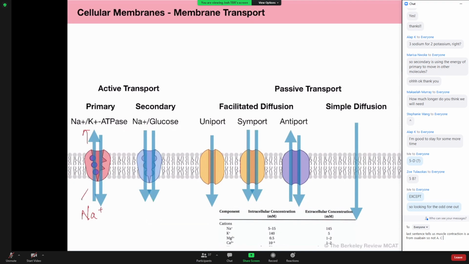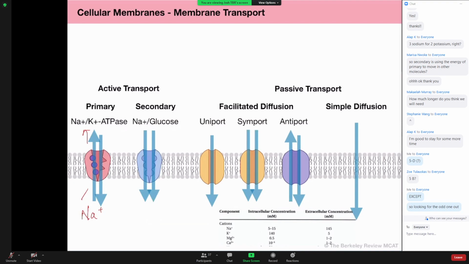So we are not creating that sodium gradient across the cell membrane. You're not creating that negatively charged membrane potential. Okay, so that is the big takeaway here.